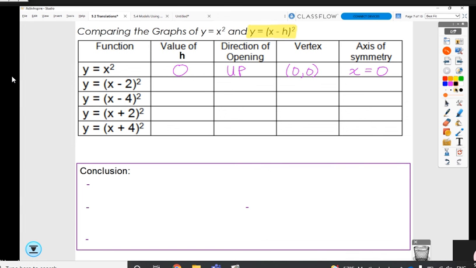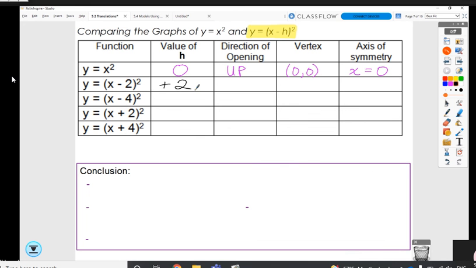It looks like it says negative 2 in the brackets, doesn't it? I agree. But the equation says, whatever h is, we're subtracting h. So we're subtracting a positive 2. So really, this h value is positive 2.